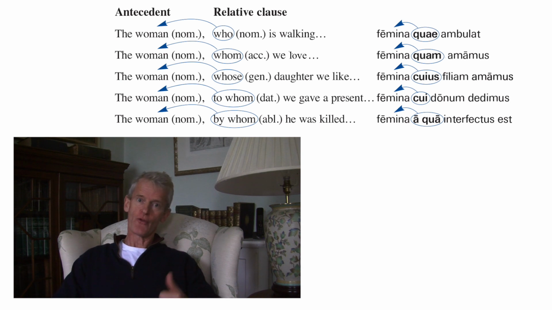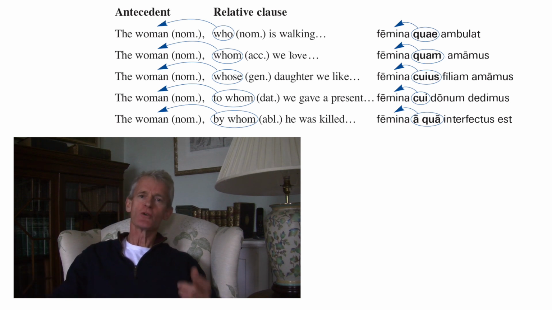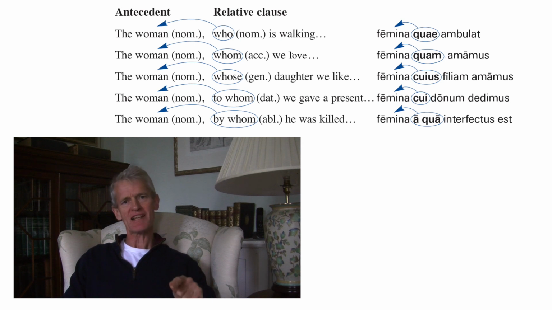Okay, now the woman is feminine and singular. So if we were translating that into Latin, our relative pronoun would be feminine and singular, okay? And then, irrespective of what case the woman is in her sentence, we want to know what is the grammatical position of that relative pronoun in the relative clause, which, if you remember, is who is walking.